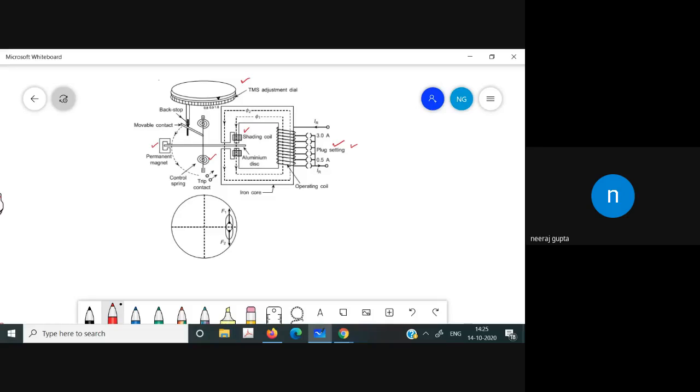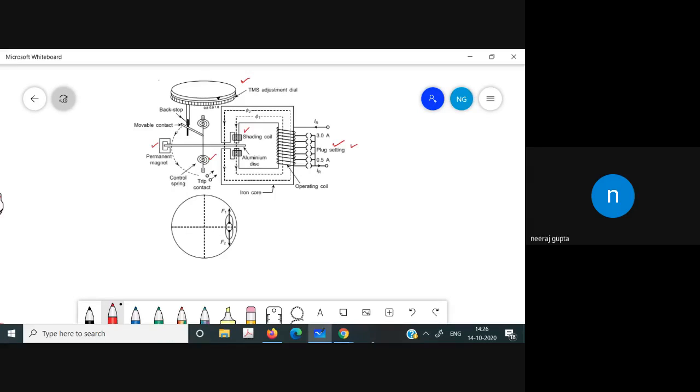Now, from this you will see that two fluxes shifted in the time phase are obtained by using the shading coil, that is phi 1 and phi 2. Our main purpose is the production of the torque, so we obtain that by this shading coil.